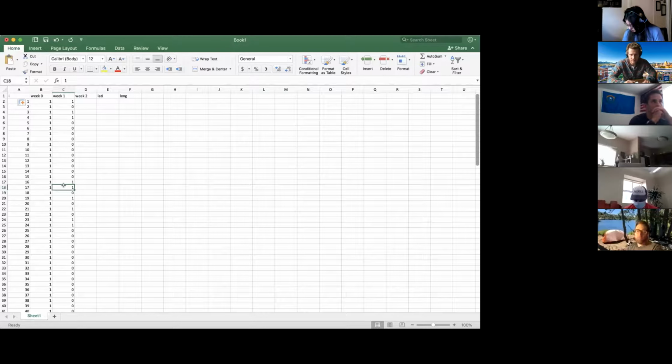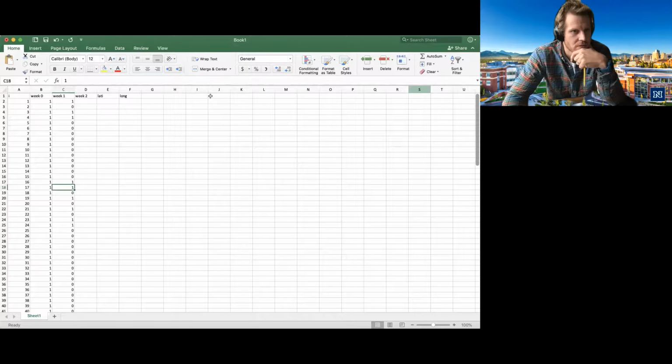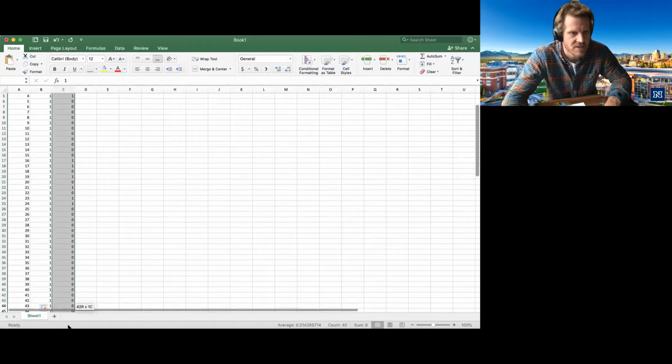Since you only have 1 week of data, isn't the probability just exactly what it is that week? Can you elaborate on that a little bit? So if you saw 7 or 8, then it's a 7 or 8% chance of survival. And because we have 100 observations, right? Yeah, if we had 30, it would be a little different. So what Becky's saying is, let's add up all of the ones we saw here.